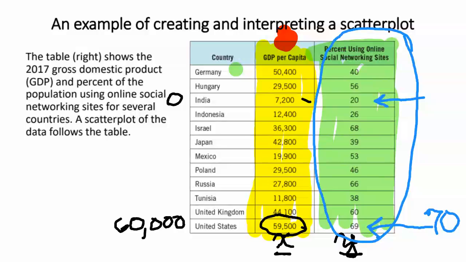Now, 20 is a number that ends in 0. So we could start with 20. And if we do, we'll have to put a little squiggle on the axis. That means when I make my vertical, it will have a squiggle because I'm starting with 20.